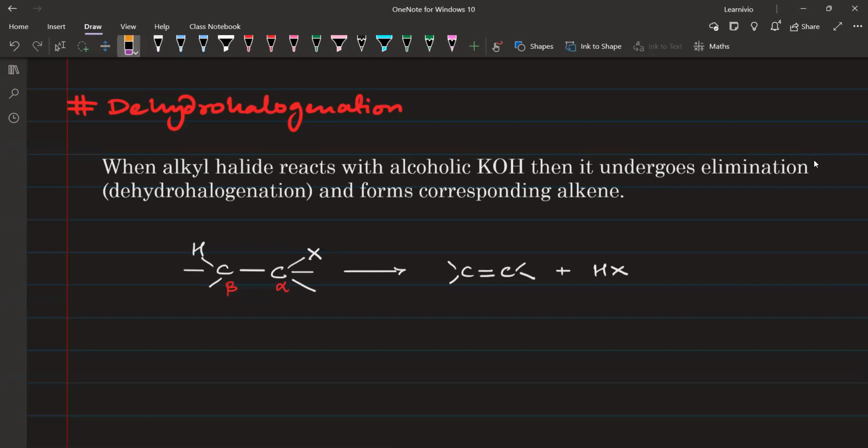By the way, arrow थोड़ा बड़ा करके I have to write here alcoholic KOH, and this requires a bit of heat, लेकिन NCERT avoid करता है जनरली. I mean NCERT does not show it explicitly.